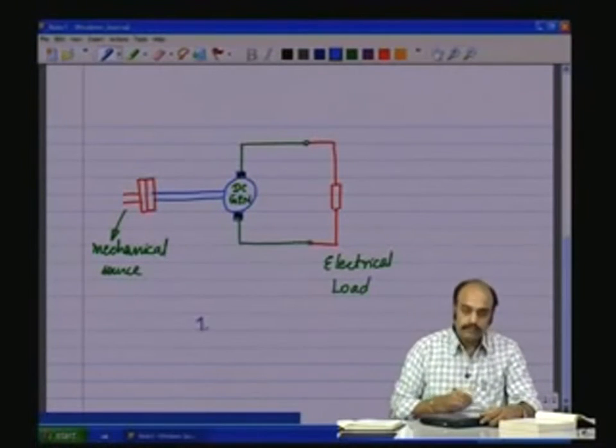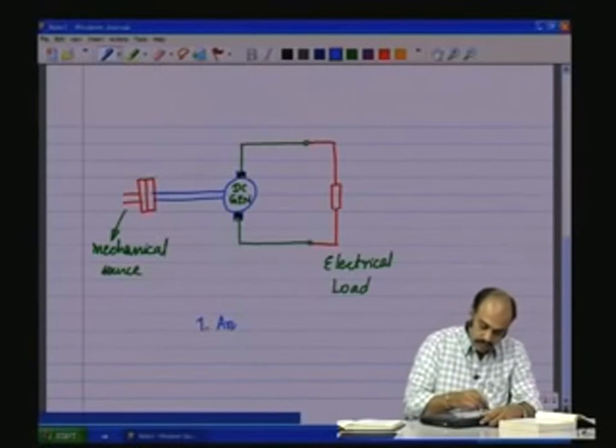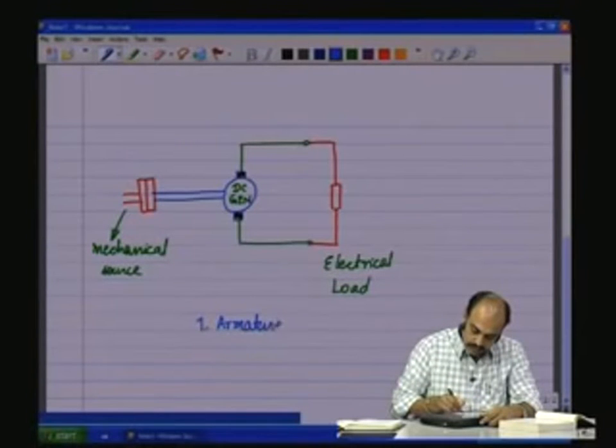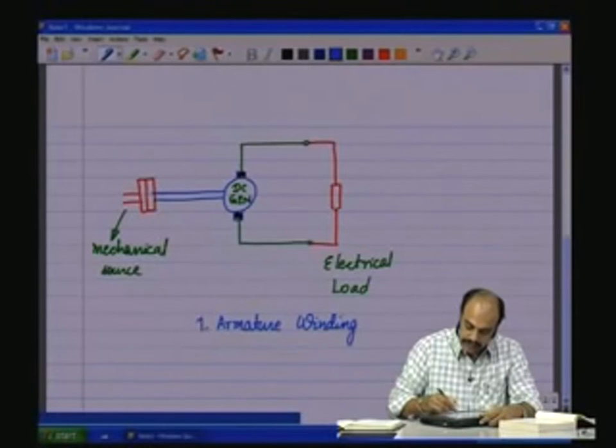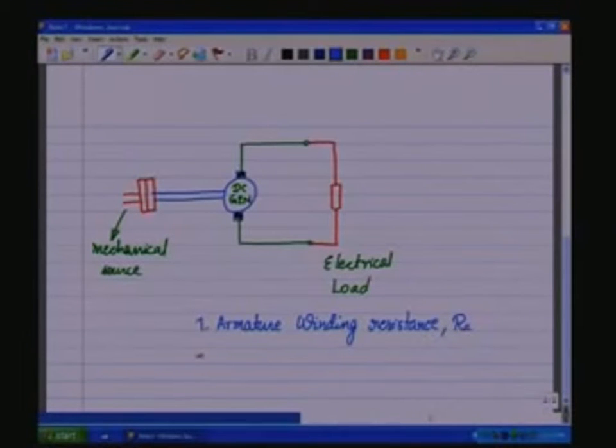One is the armature winding resistance, and that is called RA. Now, there is a second imperfection, or non-ideality, that can come.